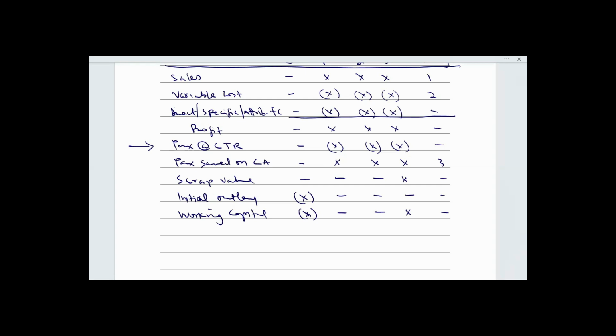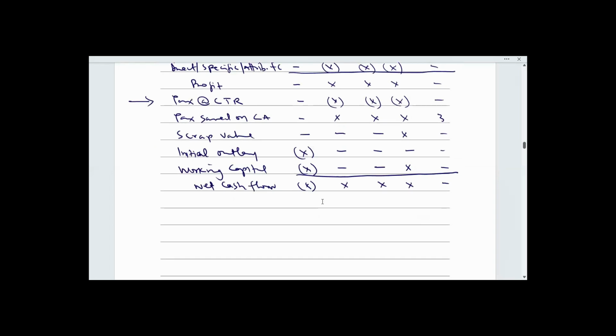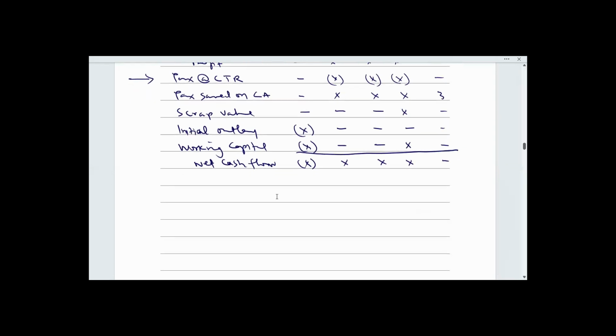Then at this point, we need to get the net cash flow. So here is net cash flow. After getting the net cash flow, we need to discount it at the appropriate cost of capital. It is possible in the question the examiner may not give you the cost of capital. You may be the one to calculate the cost of capital. It all depends on the scenario. But we are assuming that the cost of capital is given.